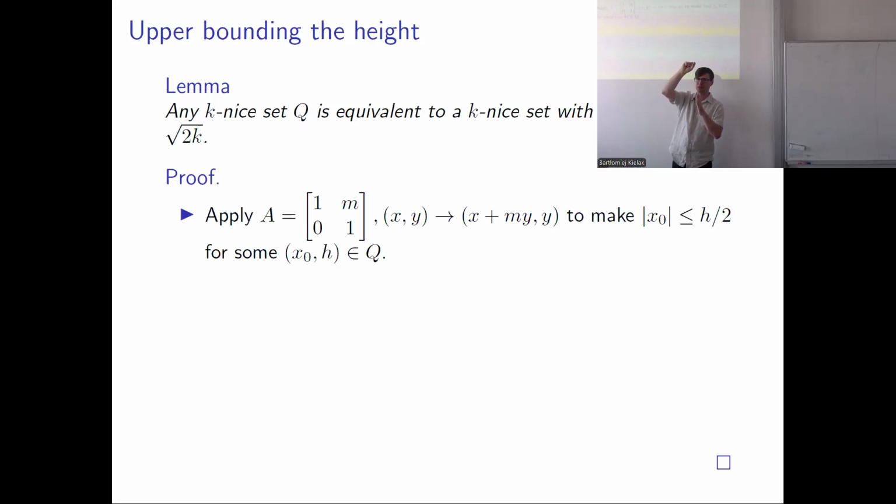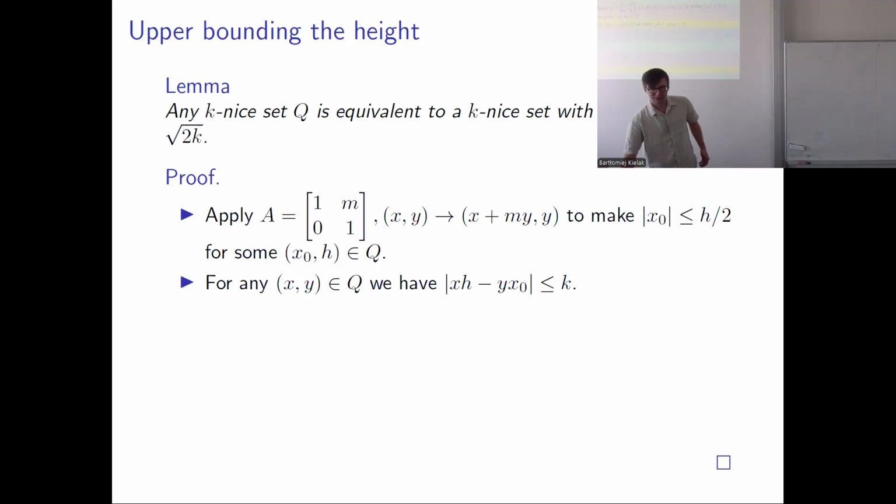It can be achieved by applying some specific matrix, which is given on the slide. But this matrix allows me only to move this point by multiples of the second coordinate, which is y. Therefore, I can move this point to 0 only as close as half of the second coordinate, which is h divided by 2. So this is the first step.